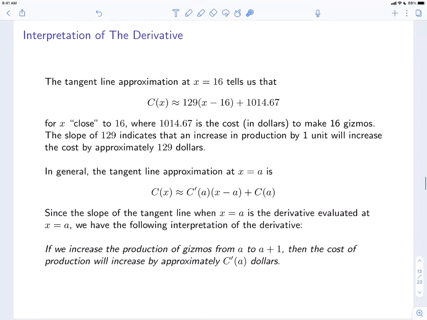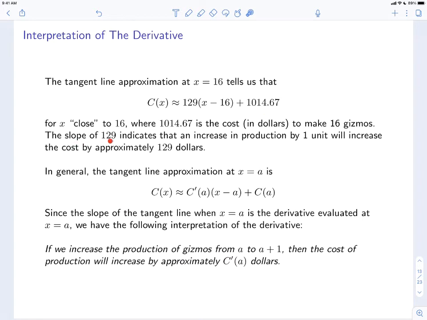The tangent line approximation at x equals 16 tells us that when x is close to 16, then the cost is 129 times x minus 16 plus 1014.67. Let's just remember that $1,014.67 is the cost for making 16 gizmos.